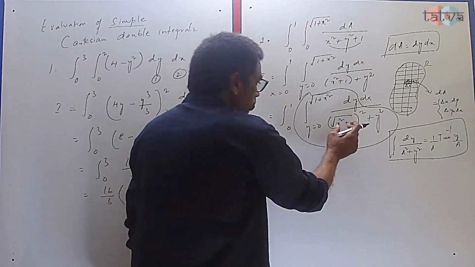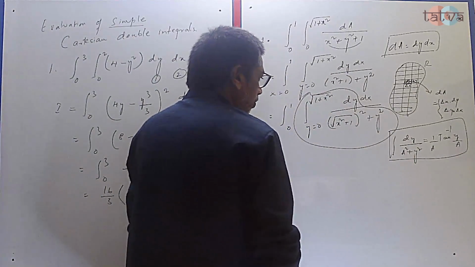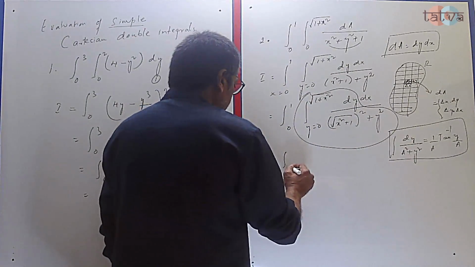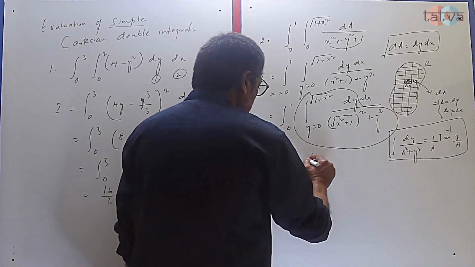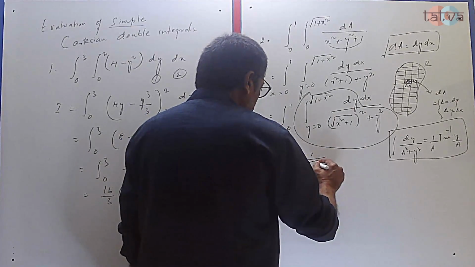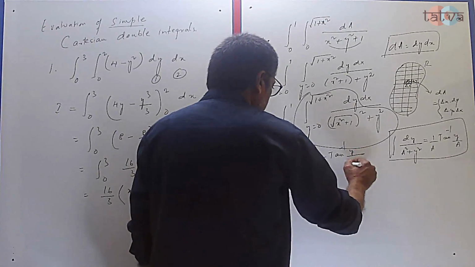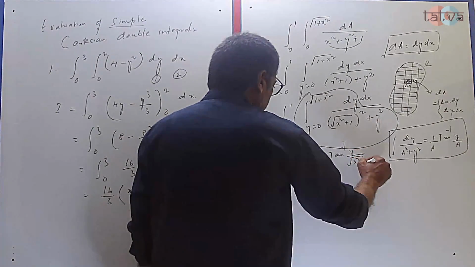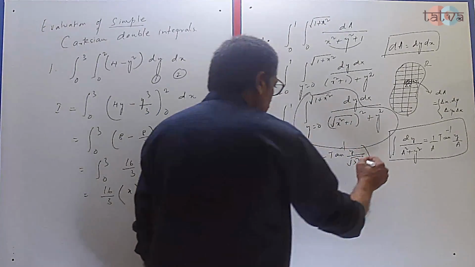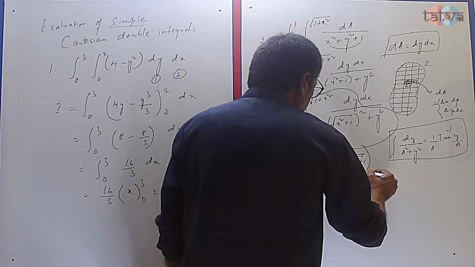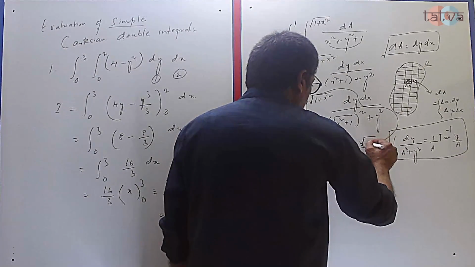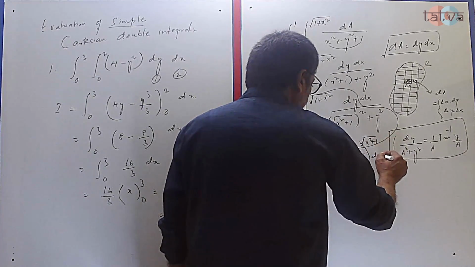So a in this problem is square root of x squared plus 1. So I will be getting 0 to 1, 1 by square root of x squared plus 1, tan inverse y by square root of x squared plus 1, limits 0 to square root of x squared plus 1, dx.